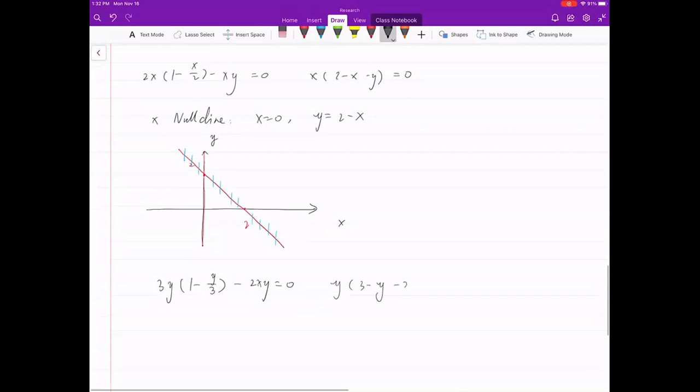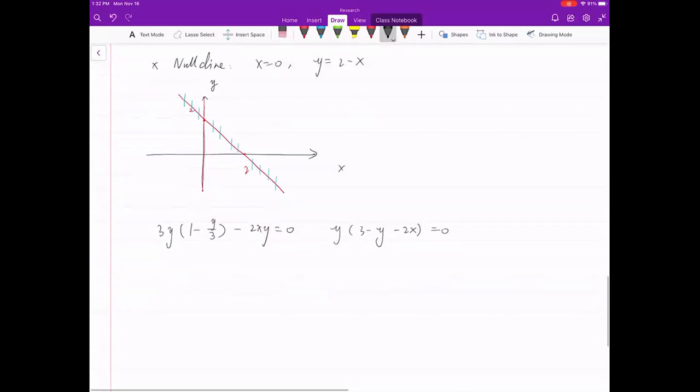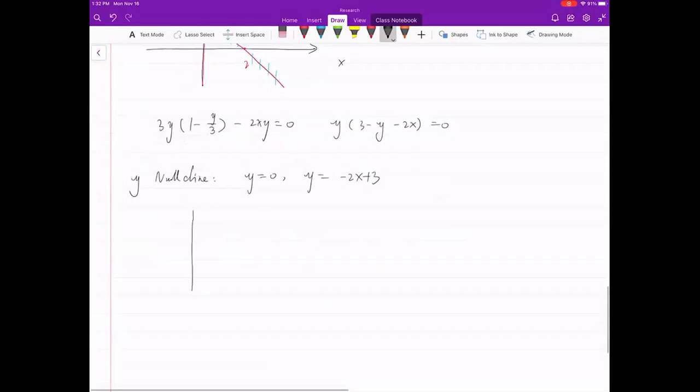Your y nullcline is going to be y equals 0 and y equals negative 2x plus 3. All right, what does it do?